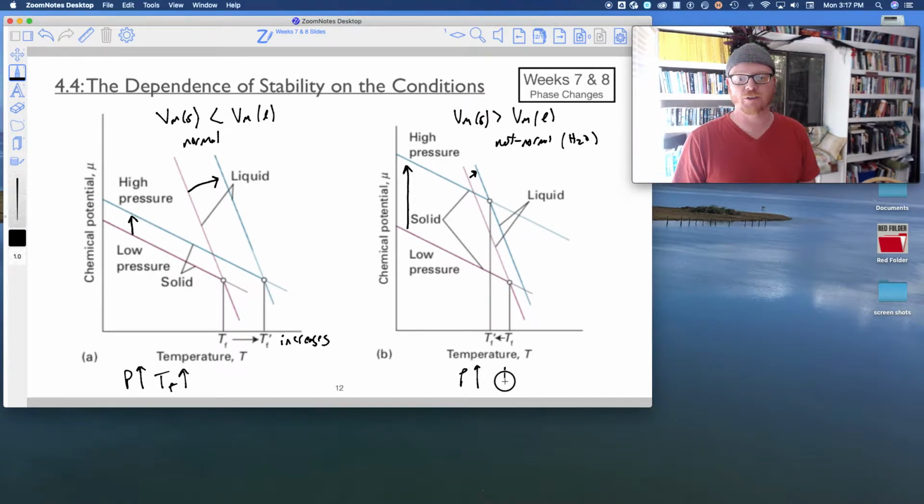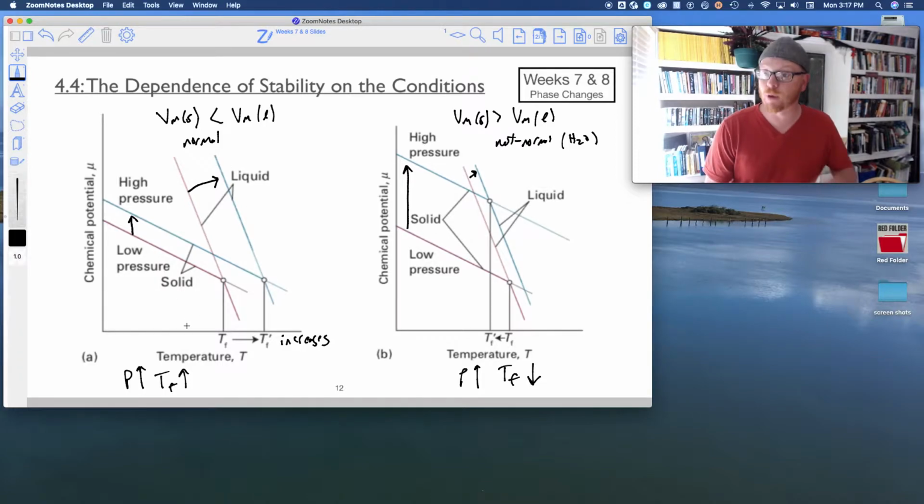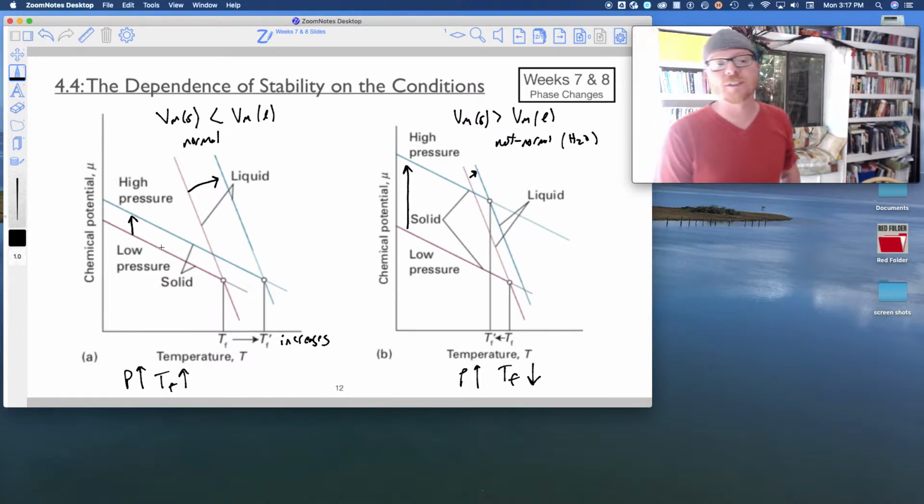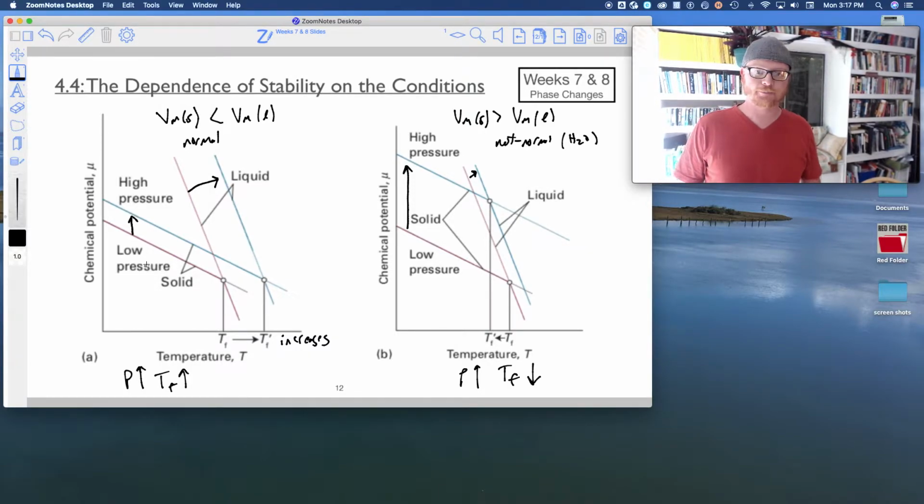So as pressure increases, the freezing point decreases, okay? In other words, the solid doesn't really change that much with increases in pressure, which is kind of what we would expect. However, water is strange. Water is weird. In this case, there's much more of a change to the chemical potential of the solid than there is in the liquid. And that's really what's driving those things for water, okay?